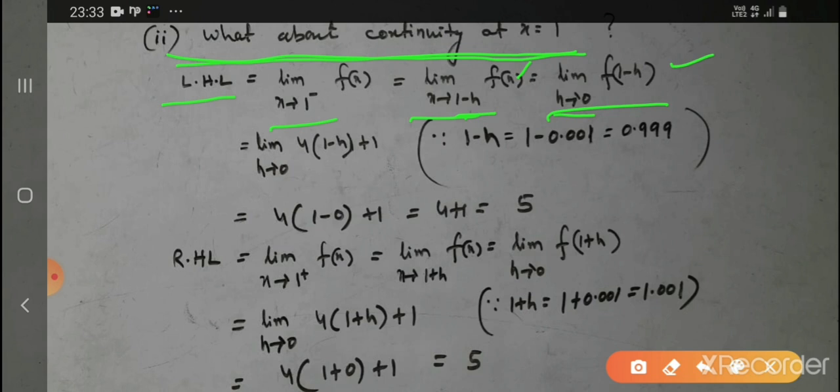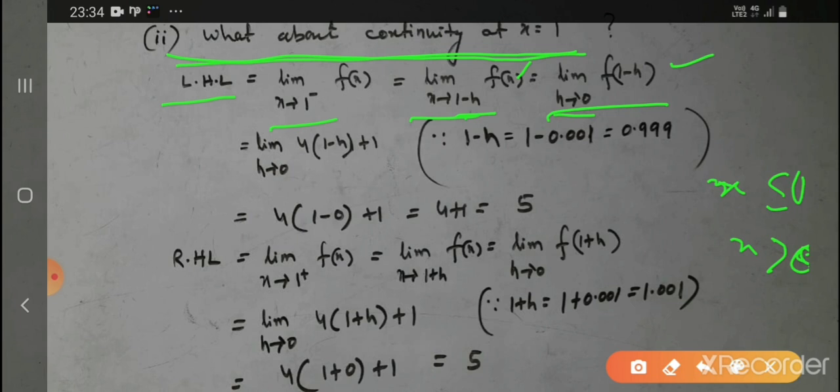The function is given in two conditions: x less than or equal to 0, and another condition, x greater than 0. Here 1 minus h, h is a very small positive number.